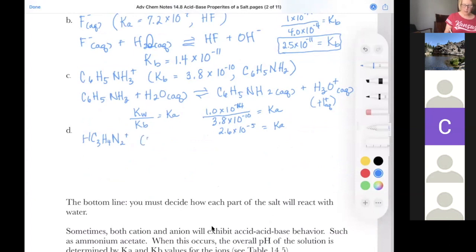The Kb value is equal to 1.11 times 10 to the negative seventh, and that is for imidazole, C3H4N2. So I will pick on Faith. When you get this calculated, Faith, unmute yourself and walk us through the equation and give us the final Ka that you would get here.